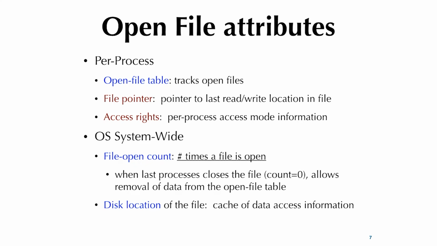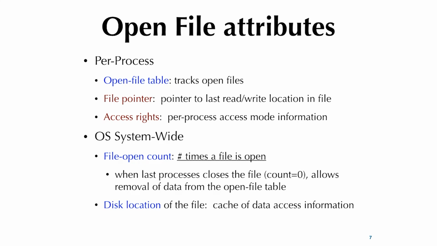Now, OS-wide open file attributes would include the open file count. That is, the same file may be opened multiple times either by the same process or by different processes. And that's done very commonly, especially for read-only types of files. Even program executables are like that. So you do the count.